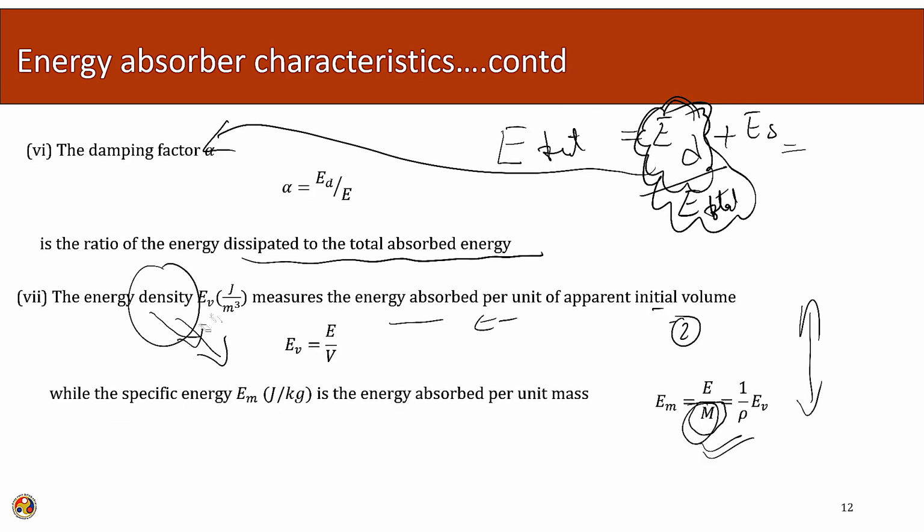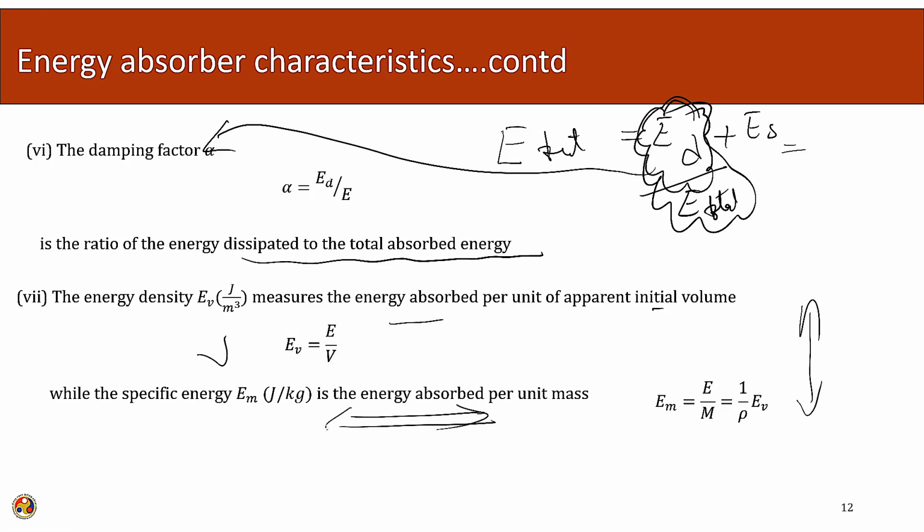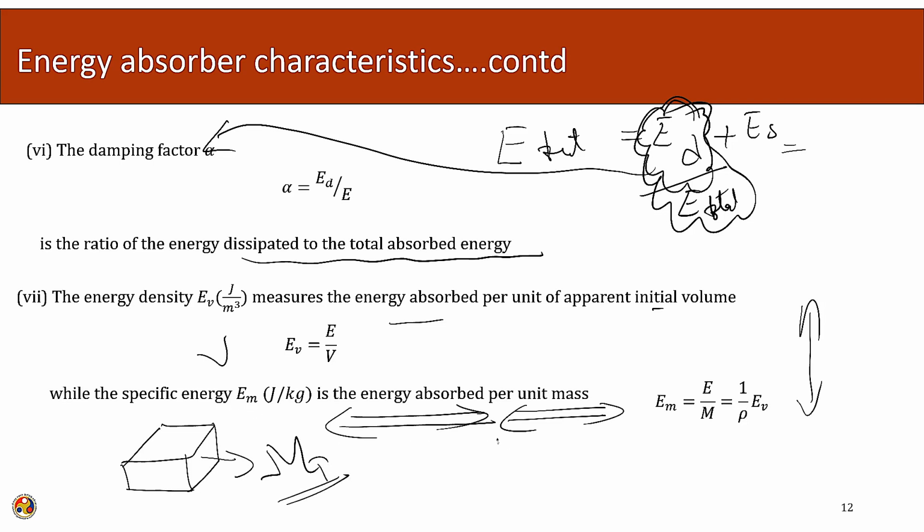As we have seen in the previous classes also, this is the measure of the total energy absorbed per unit mass of the energy absorbing material used. So this is the total mass of the system and the total energy absorbed is E. So the specific energy, the energy absorbed per unit mass, becomes E divided by M total.